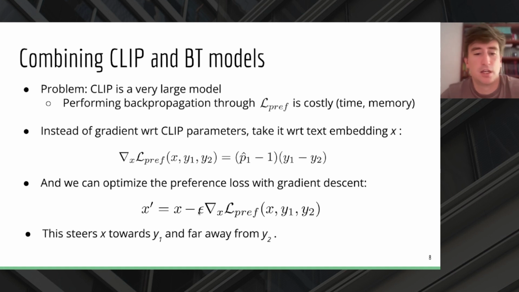So that's the intuition behind this. You can assume the first part of the gradient is 0.5 at the beginning. This is moving the text description towards I1, the preferred image, and far away from I2, the image we don't like. So it's a way of adapting this without changing a lot of parameters.